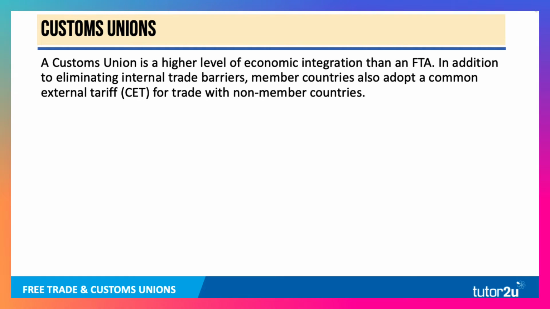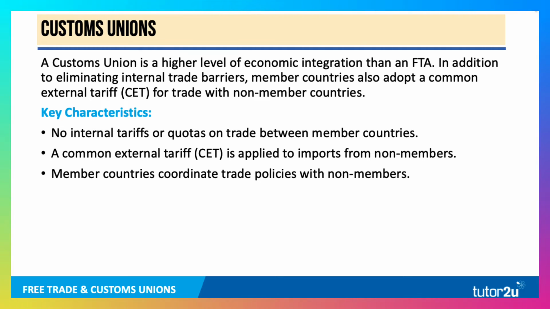A customs union is a deeper or higher level of integration than an FTA. So in addition to trying to eliminate internal trade barriers between countries, member nations also adopt a common external tariff, CET, for trade with non-member countries. So basically, a common tariff is applied to imports from non-members, and the tariff is the same for all countries for a particular product.